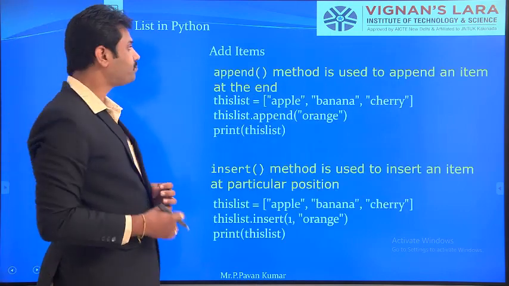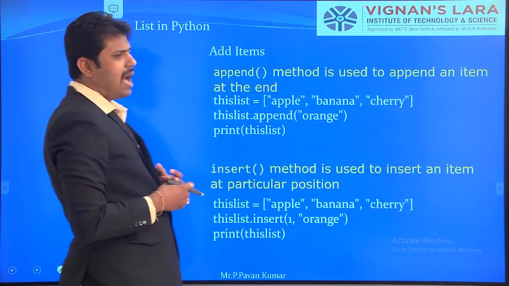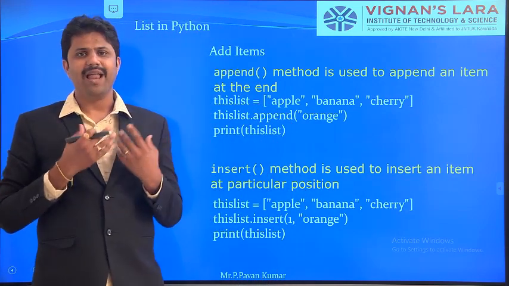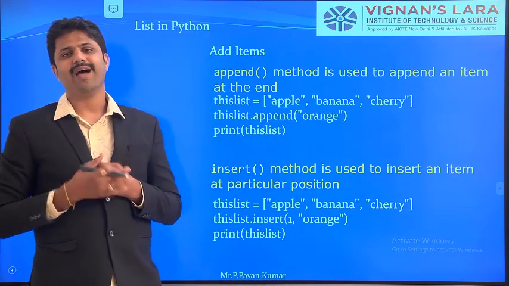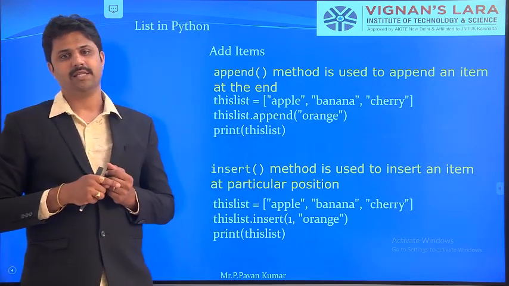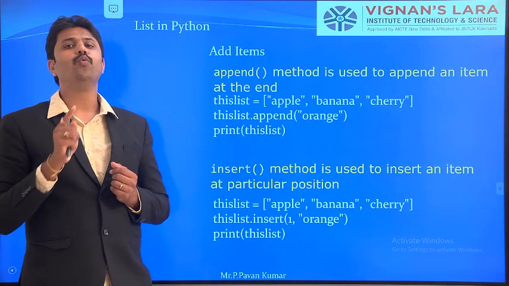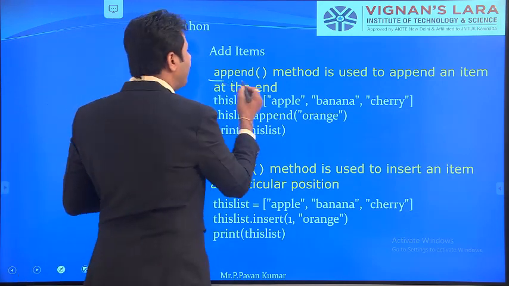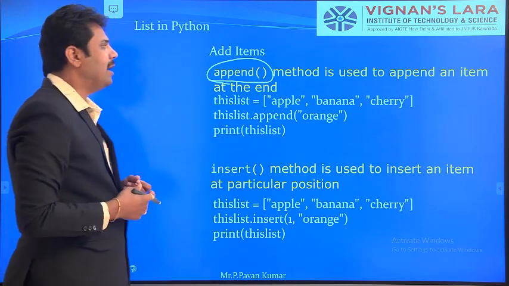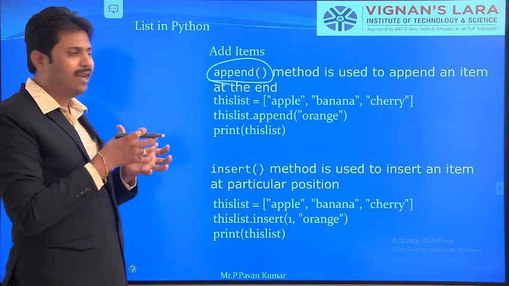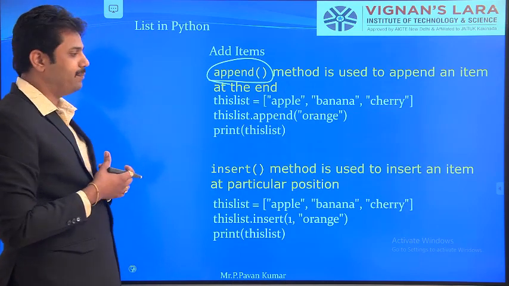Next one. For example, I have a list which contains three values. I want to insert a new value into the list. I have a method called append. Append is a method which is used to insert a particular value at the end.